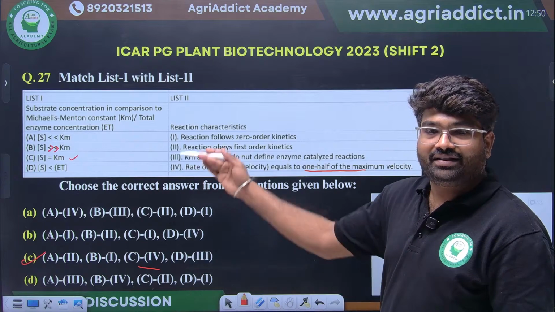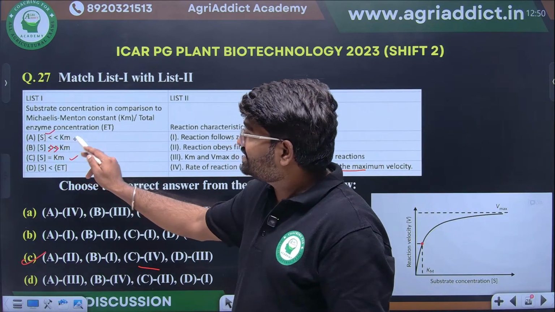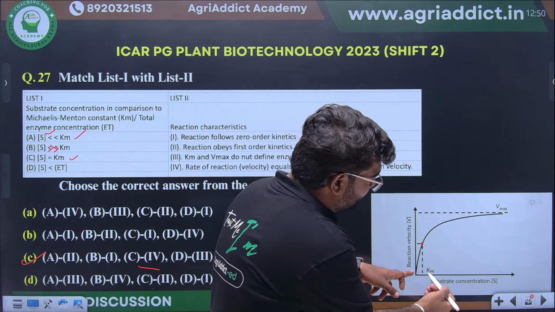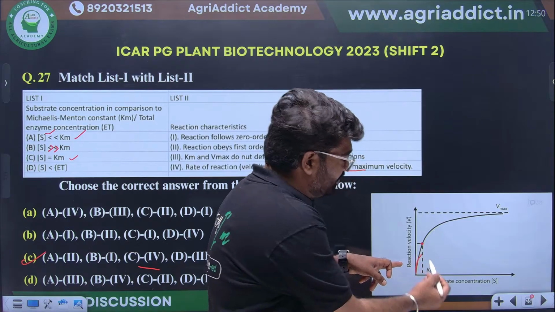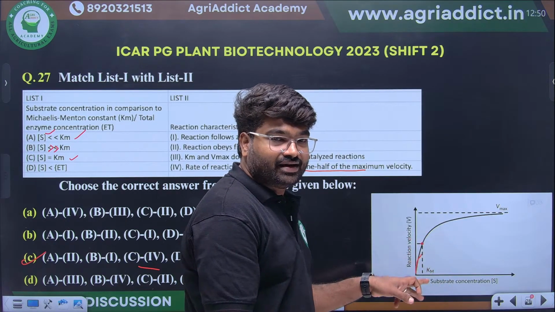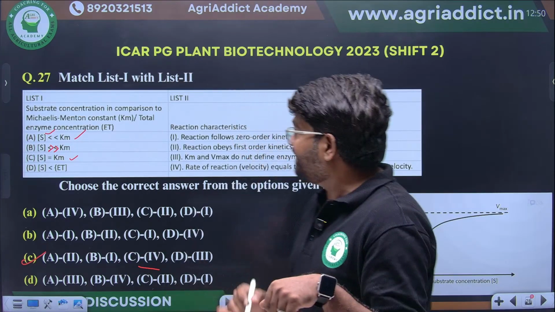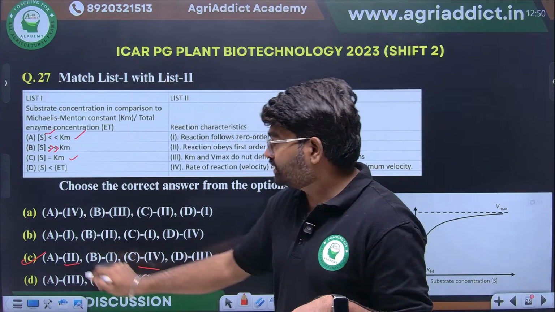Remaining things we will also see. If substrate concentration is less than Km, you see here this is the Michaelis-Menten equation. The rate of the reaction will directly depend on the substrate concentration, so the reaction will obey first order kinetics.